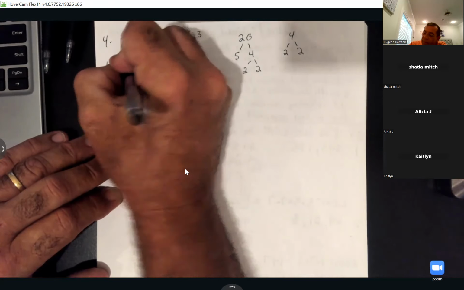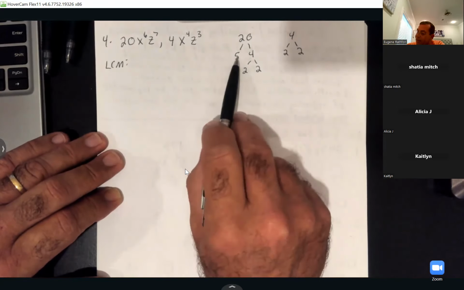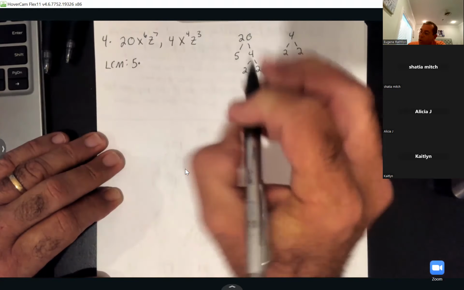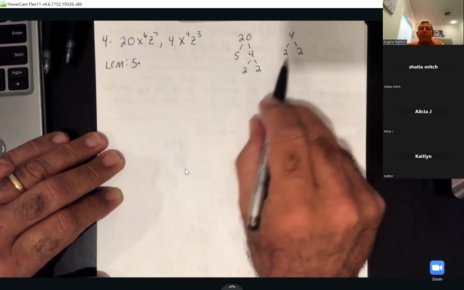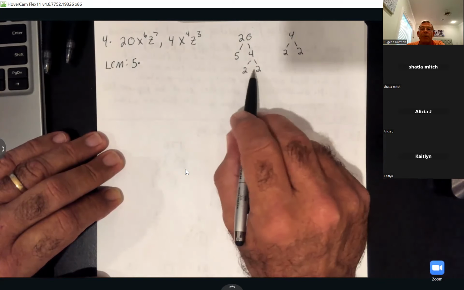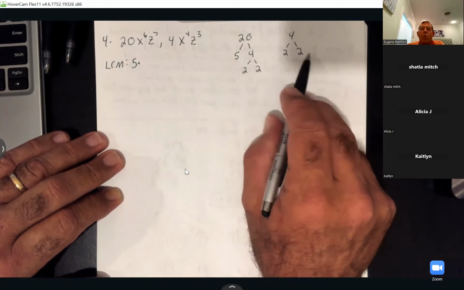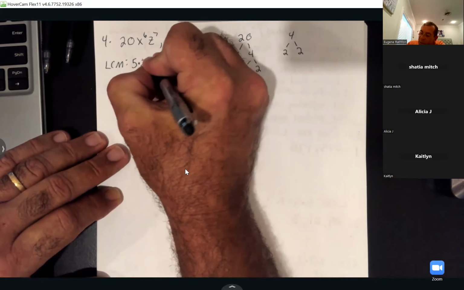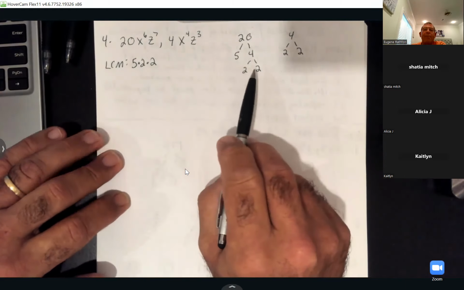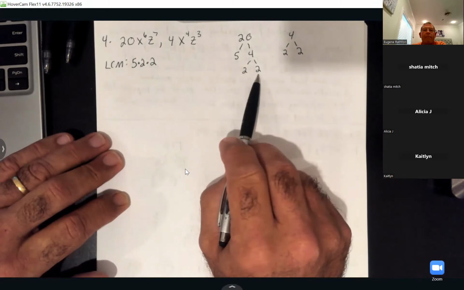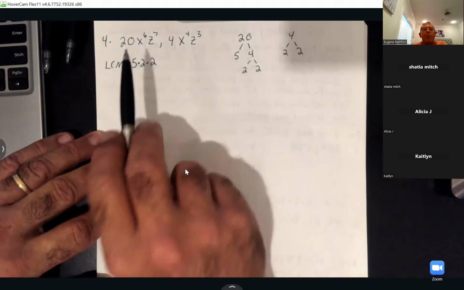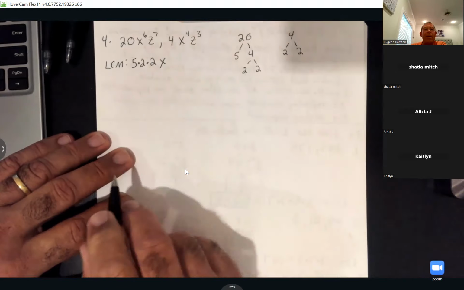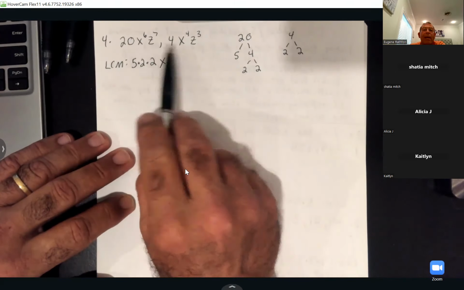So our least common multiple, let's start with we need a 5 no matter what. And the most it happened was one time. Then we need some 2s. But y'all look, the 2s happen twice here and twice here. So that means we need at least 2 2s because the most it happens is 2 times. Now let's play with our variables. We got x's. So on the x, we want the highest exponent between the x's.